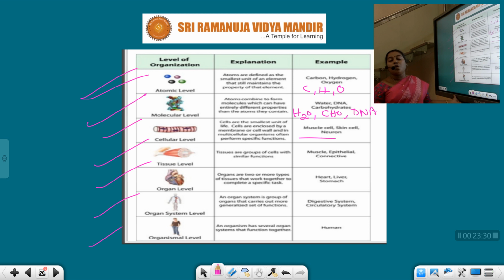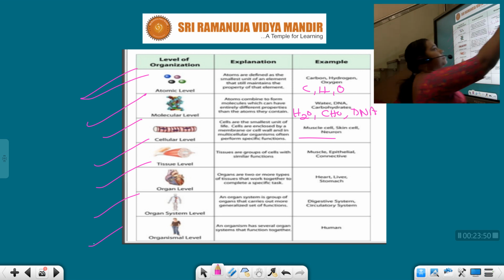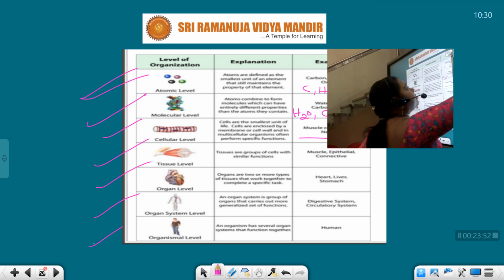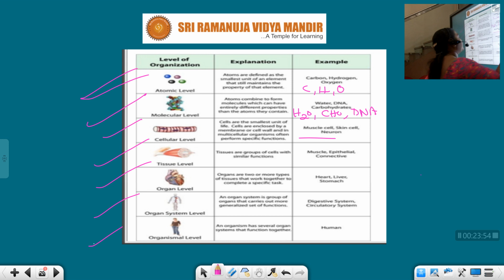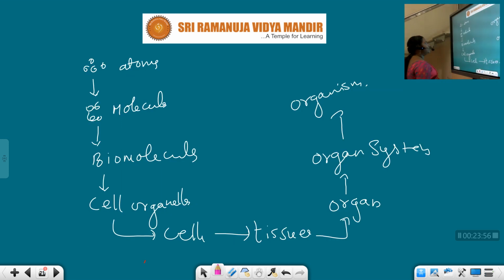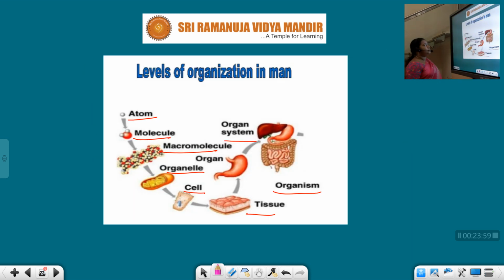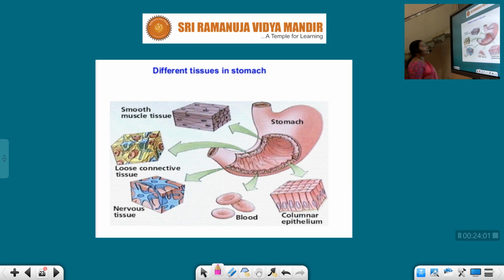In the human, so many organ systems are there, like excretory system, nervous system, circulatory system, digestive system, muscular system, hormone system. In this way, so many different systems function together to form a complete organism. This is the levels of organization.